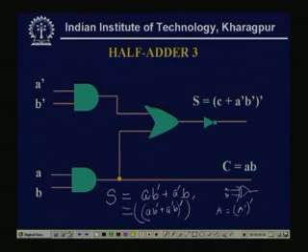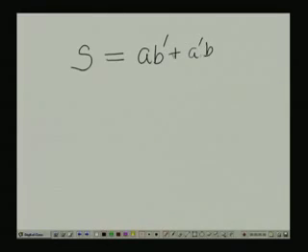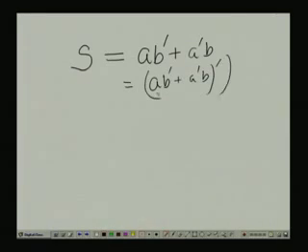So what will happen? My sum S, again if we write, this is A B dash plus A dash B, and I can write this as complement of complement of A B dash plus A dash B.